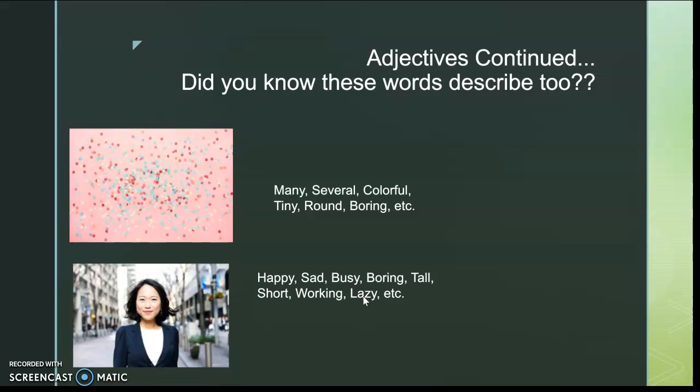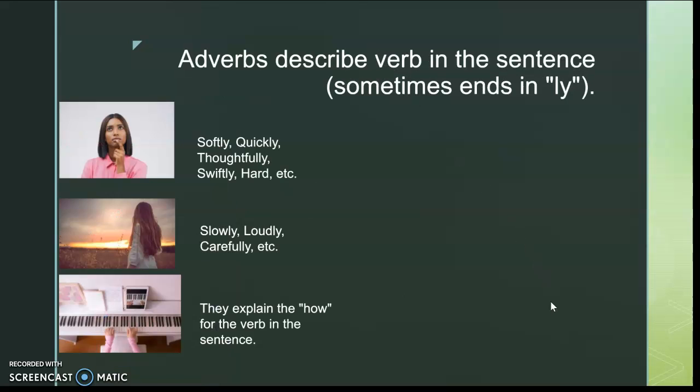You could also say lazy, but all of these words could be describing this picture. Again, the picture could be the noun. These words are describing the picture. So all of these words can be used to describe our person, place, or thing, or our noun. Adjectives describe or help a noun.